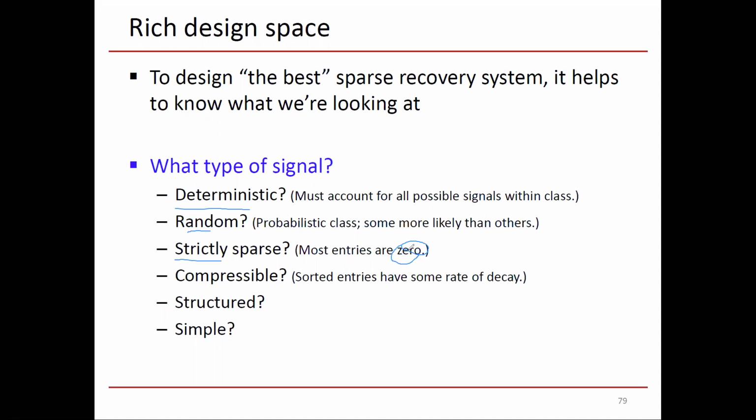Another type of signal is called compressible. That's a signal where the sorted entries have some rate of decay. Imagine that this would be initially your signal: a few large coefficients and many tiny coefficients. Then you sort this by magnitude.